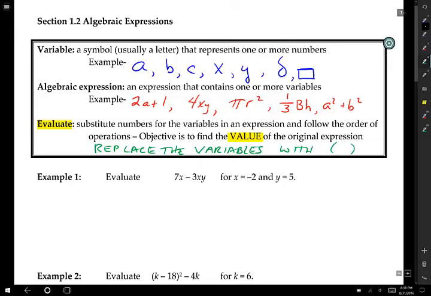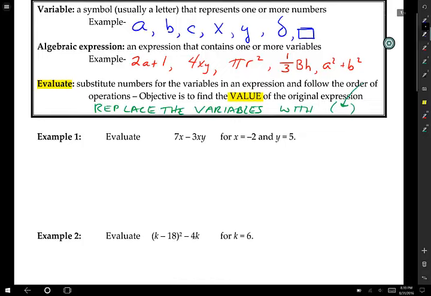When we replace the variables with parentheses and put a number in there, it allows us to avoid making mistakes. That's something I really want to focus on as we work through our evaluation problems: always using parentheses to do so.